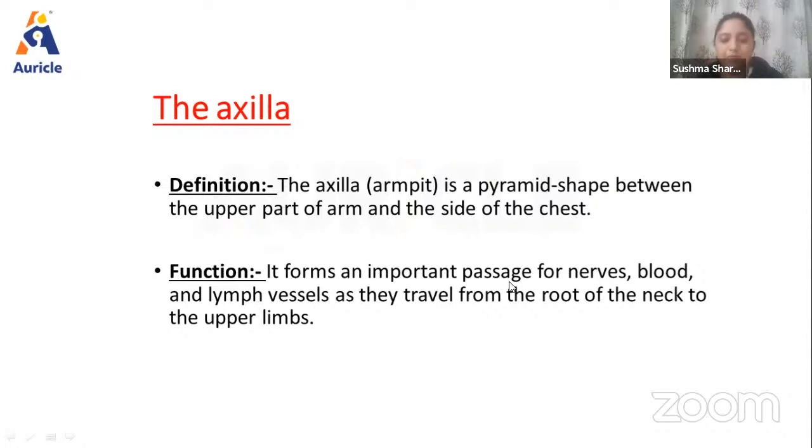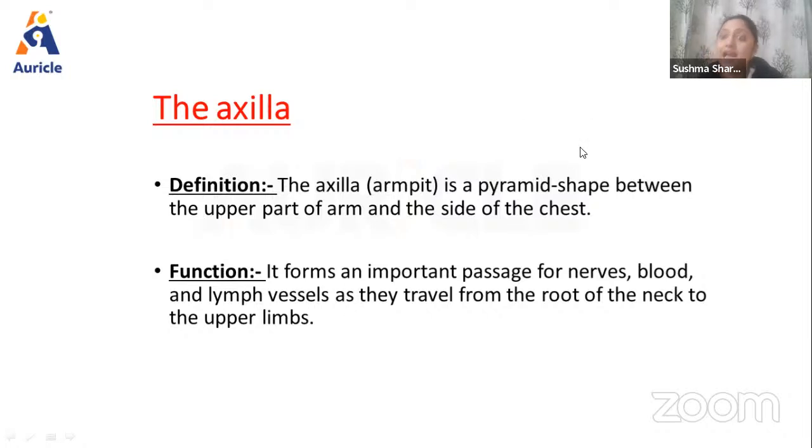If you remember, guys, initially when I taught you the brachial plexus, what was the basic definition, or when I told you the extent of the brachial plexus: the roots are in the posterior triangle, from there it comes to the neck, and then it goes behind the clavicle, and finally it enters the axilla, if you remember it correctly.